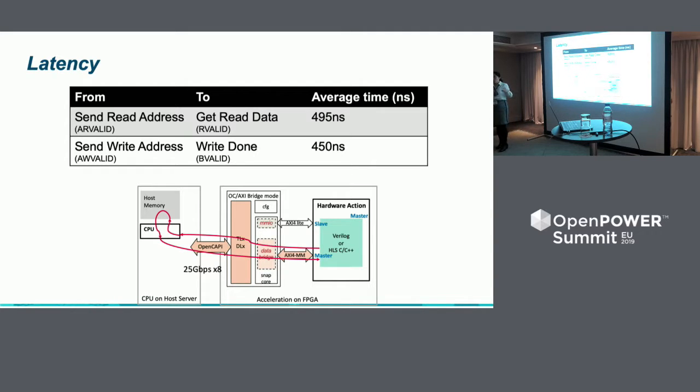Okay, so if the data is a hit in cache, the best latency for read is a little less than 500 nanoseconds, and for write it is about 450. Actually, this number is about 100 to 150 more than the situation without the SNAP core.